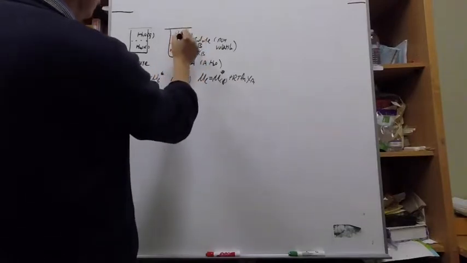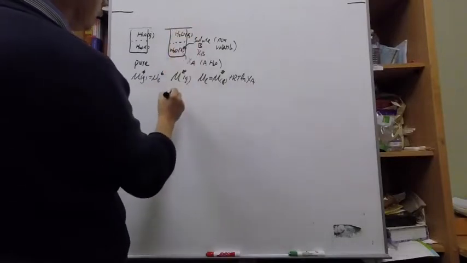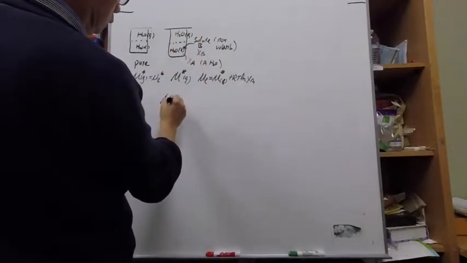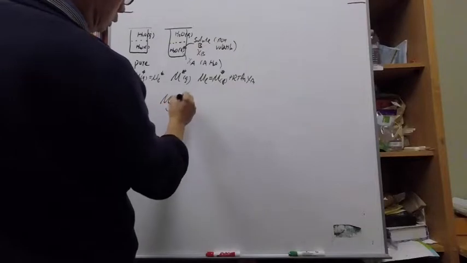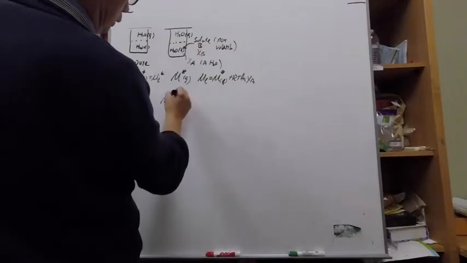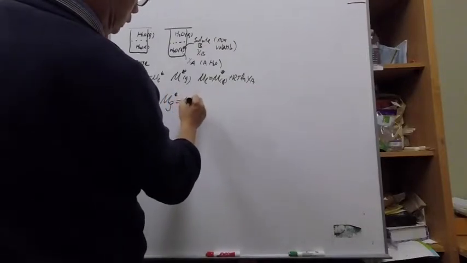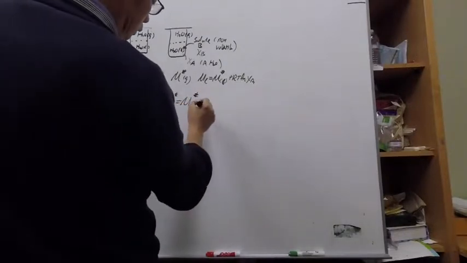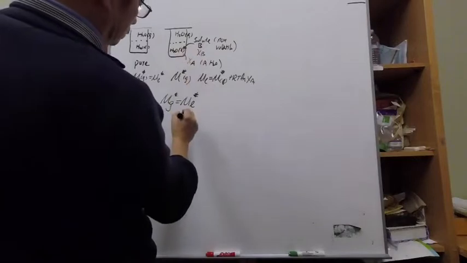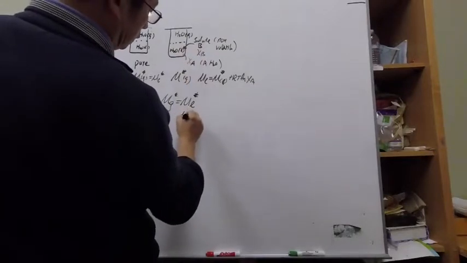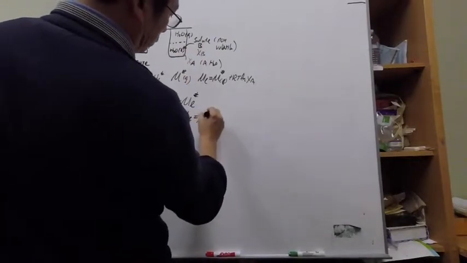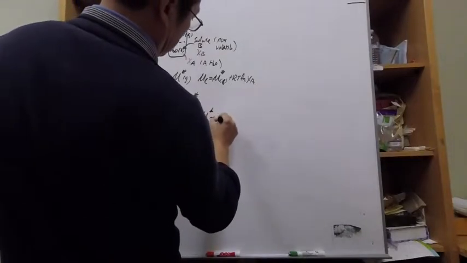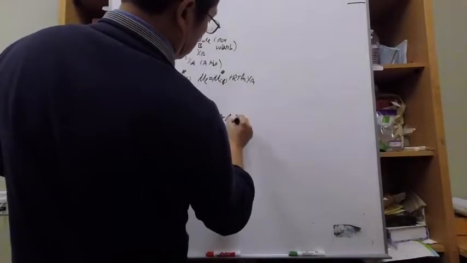To compare the system on the right, the chemical potential of the gas is still pure water, but the solvent water equals the pure plus RT times the log of the mole fraction.